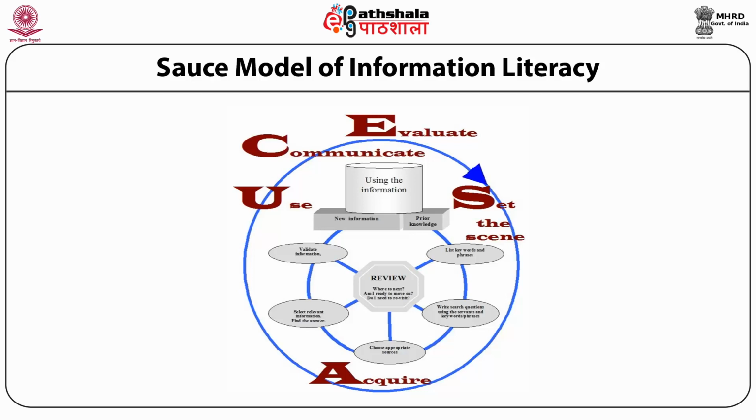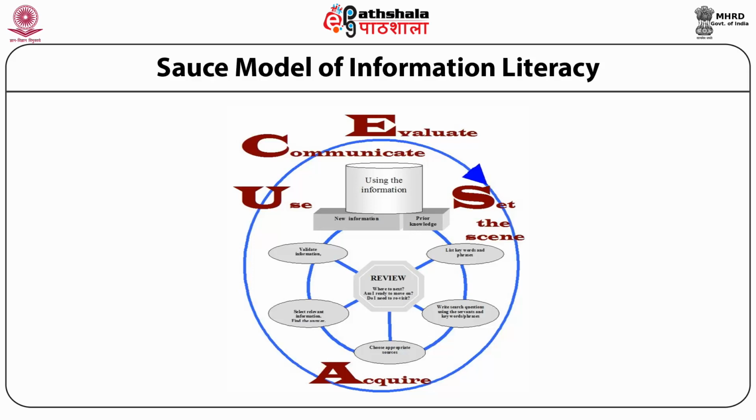The first stage is setting the scene. The success or failure of the task depends on the keywords and phrases for the probable information sources. This is primary and important for the task. The second step is acquire.